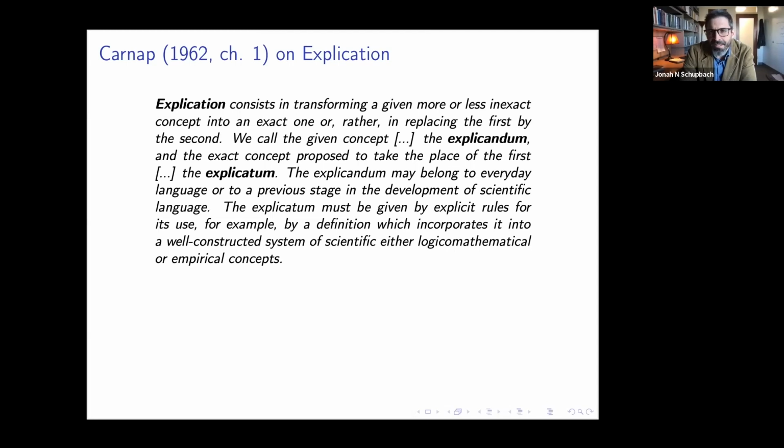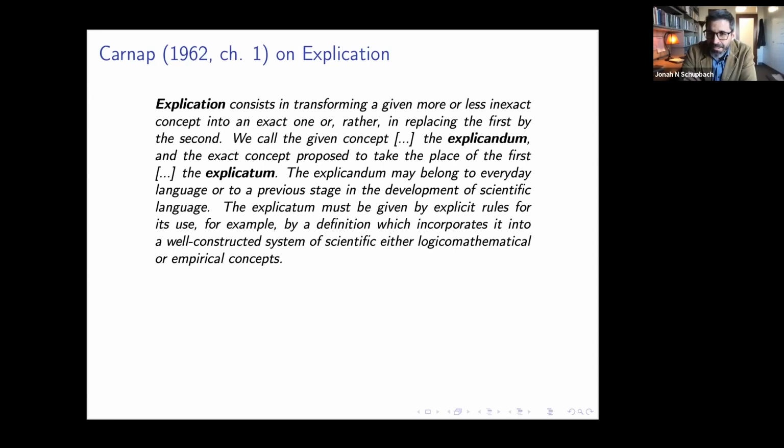We call the given concept the explicandum, and the exact concept proposed to take the place of the first the explicatum. The explicandum may belong to everyday language or to a previous stage in the development of scientific language. The explicatum must be given by explicit rules for its use, for example, by a definition which incorporates it into a well-constructed system of scientific, either logical, mathematical, or empirical concepts.